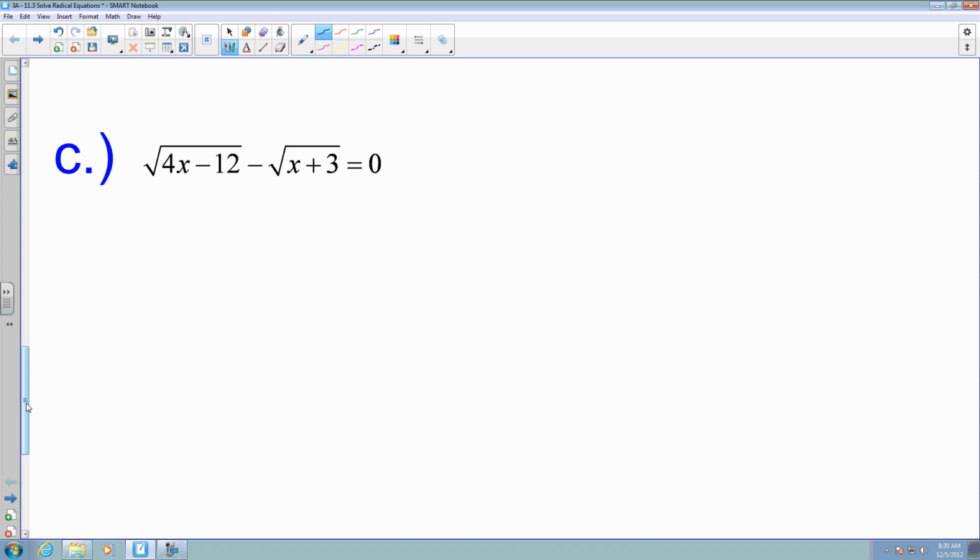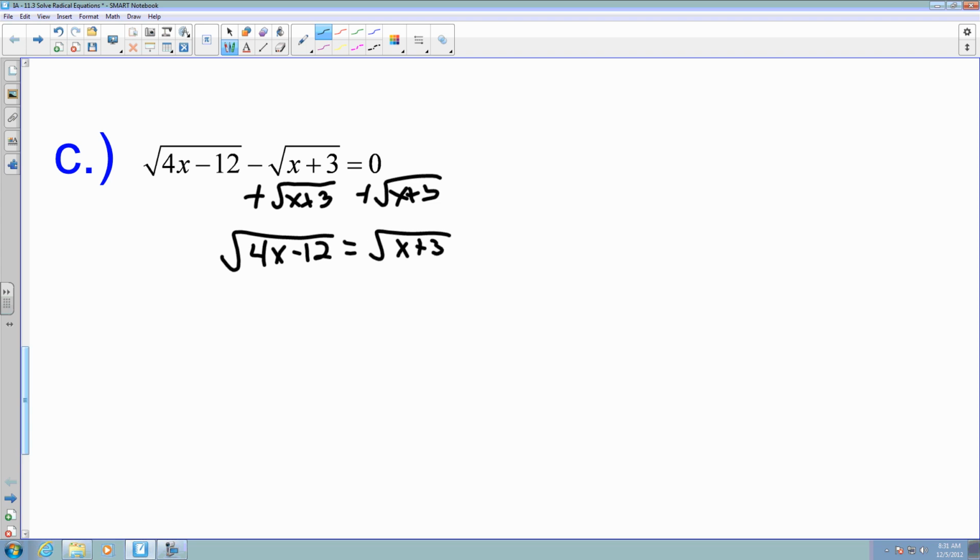How I plan on doing this problem is I'm going to add the square root of x plus 3 to both sides, which leaves me with the square root of 4x minus 12 equals the square root of x plus 3.